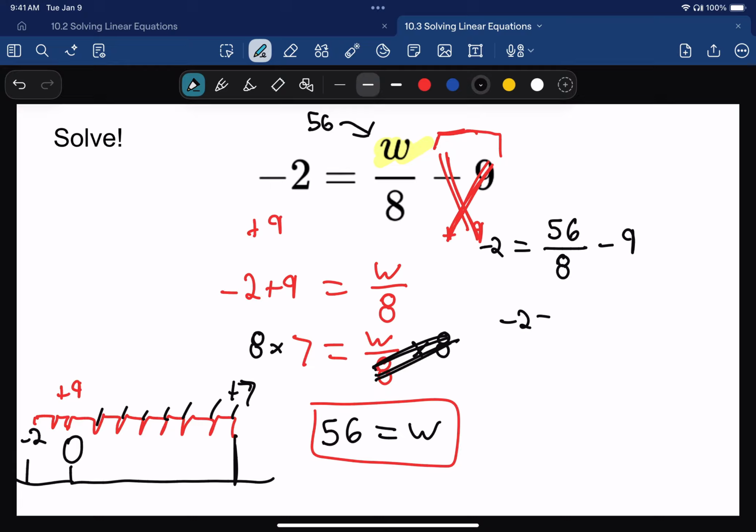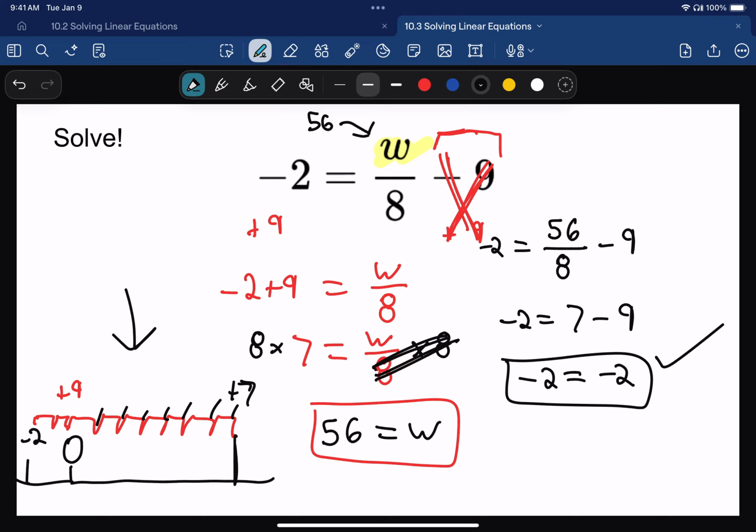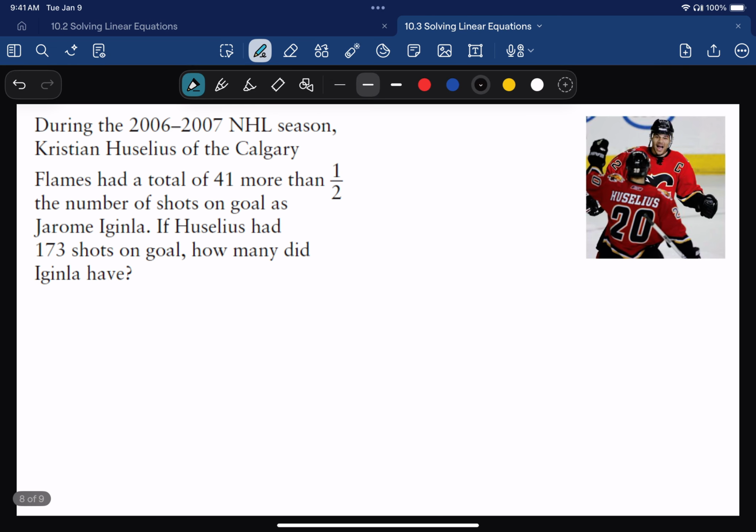So negative 2 equals 7 minus 9. And 7 minus 9, of course, is the reverse of what we have down here in our number line. 7 minus 9, and we get negative 2. So our answer is correct. So now let's get into some word problems.